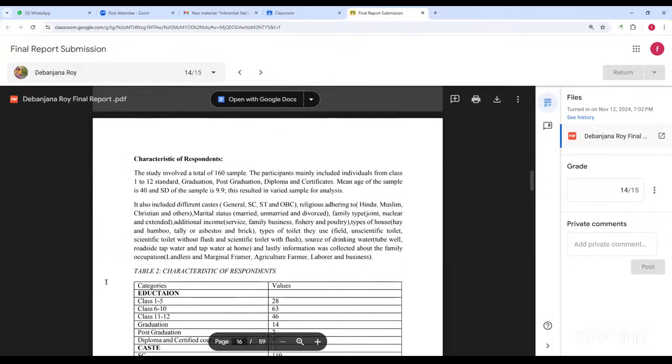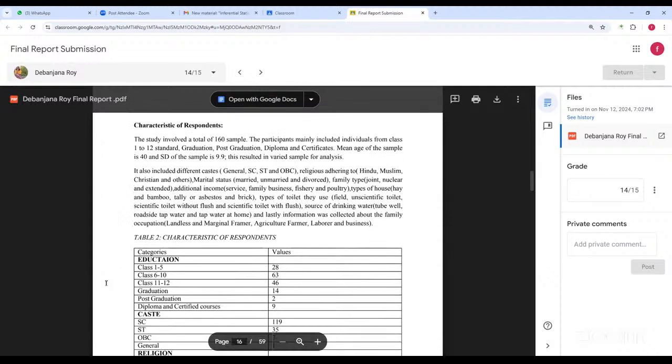Characteristics of respondents. So here you can find out the frequency. For your analysis, you can use the percentage also.